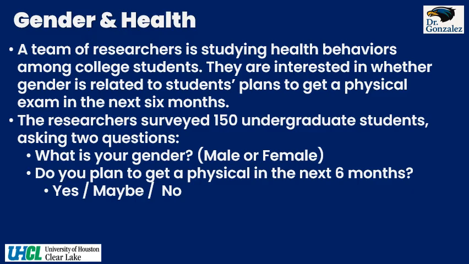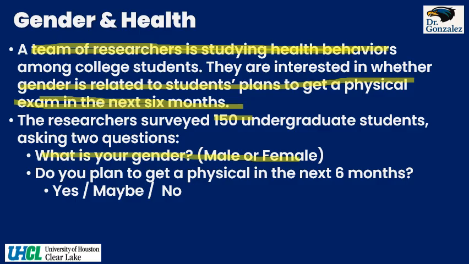So let's look at an expanded version of that same particular question we were looking at a minute ago. We're going to assume a team of researchers is studying health behaviors in college students, and they want to know if gender is related to plans to get a physical in the next 6 months. They looked at 150 undergraduates.